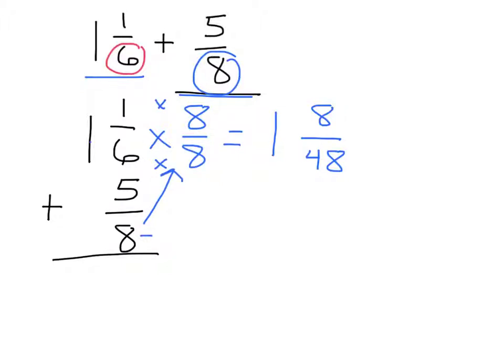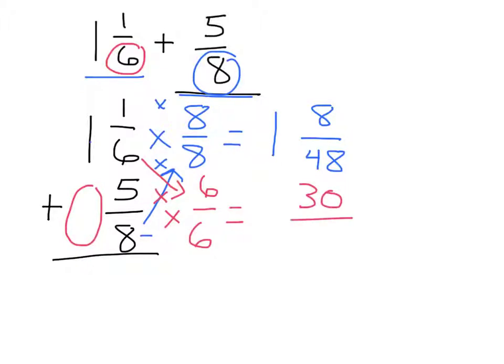So over here I'm going to multiply by this 6. So I get 6 over 6 and I'm going to multiply it. That would equal, notice there's no number out front, so I'm not going to put a number out front on the other side over here. Now I'm going to multiply the fraction. 5 times 6 is 30. Over on the bottom, 8 times 6 is 48.